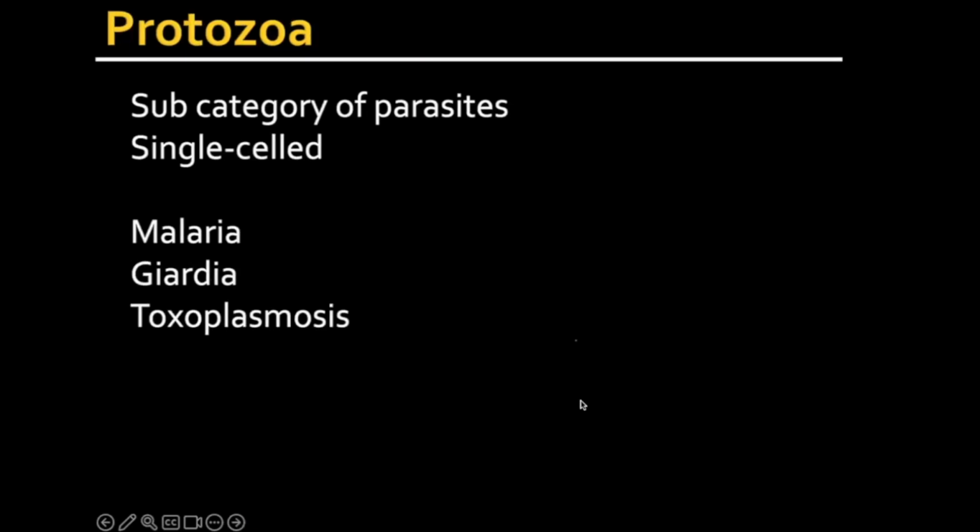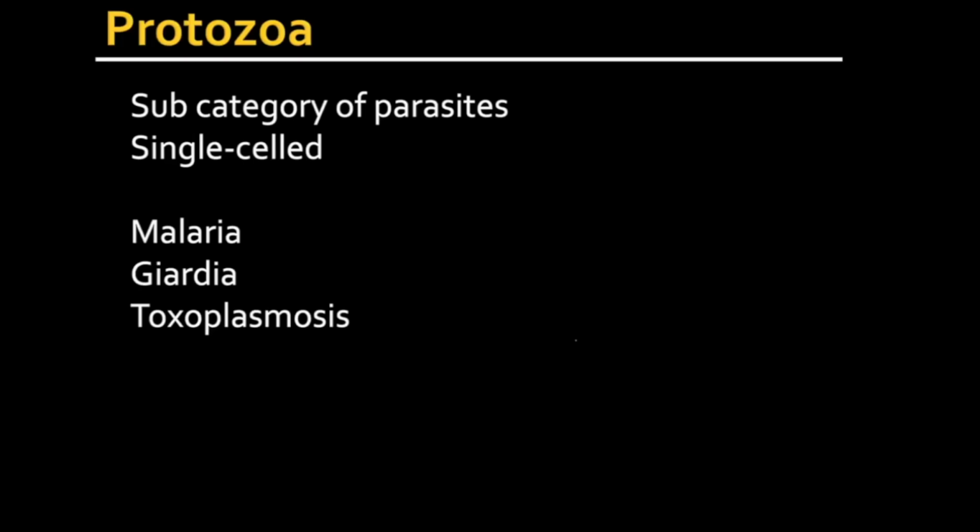So what are protozoa? They are a subcategory of parasites. That's what I was talking about. Usually these will be under parasites. They're single-celled, and protozoa a lot of times live in the ground or they live in water, etc. They cause the following diseases.